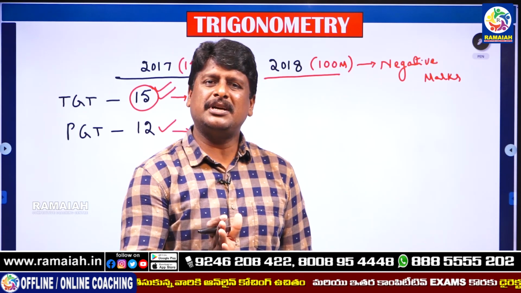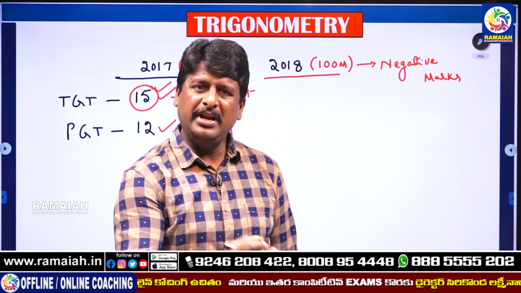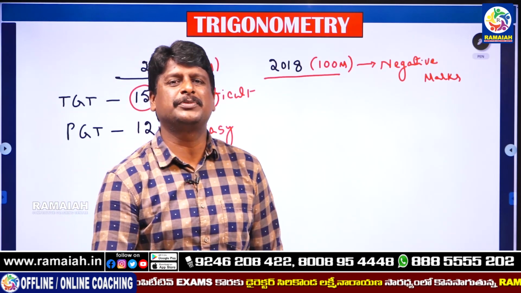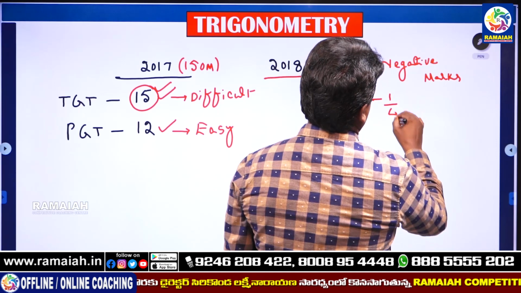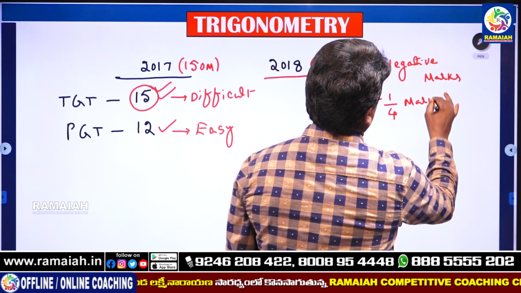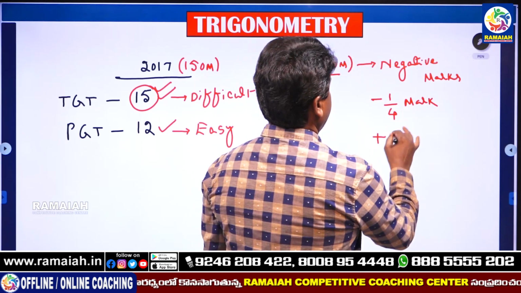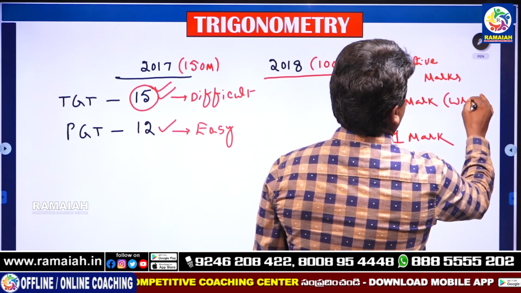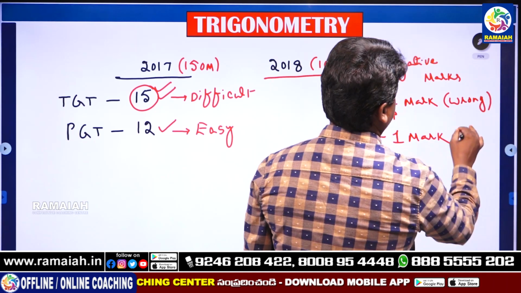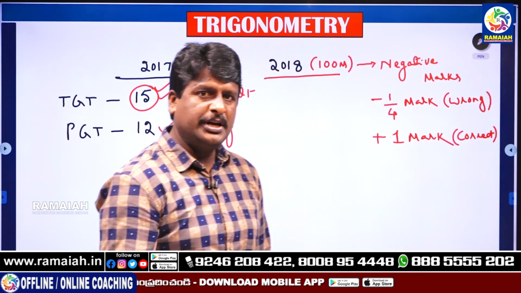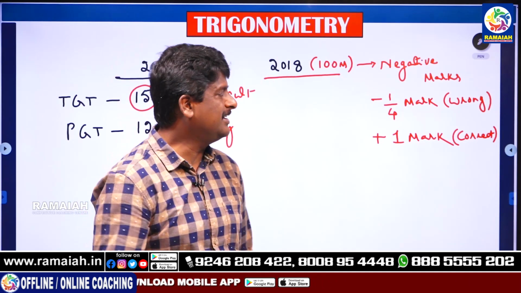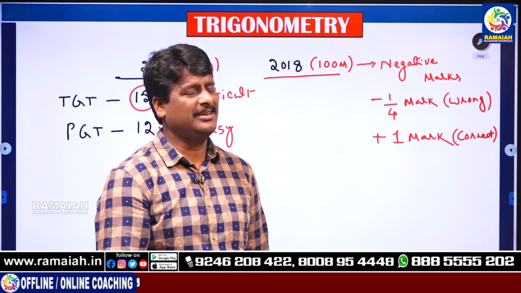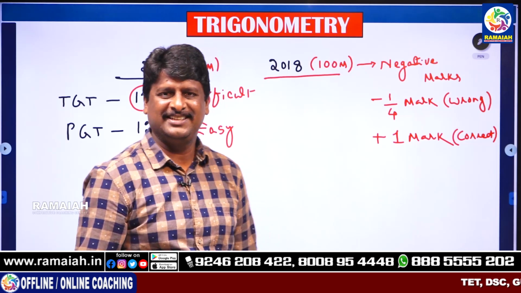Per right attempt, they will award 1 mark. For a wrong attempt, they will award minus 1/4 mark. Plus 1 mark for correct, minus 1/4 mark for wrong. Of course, you know already.